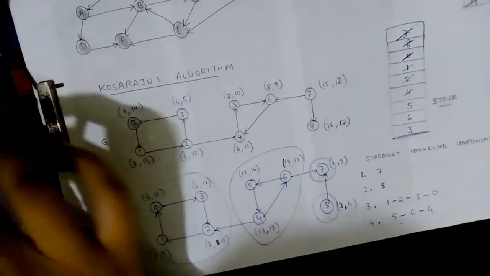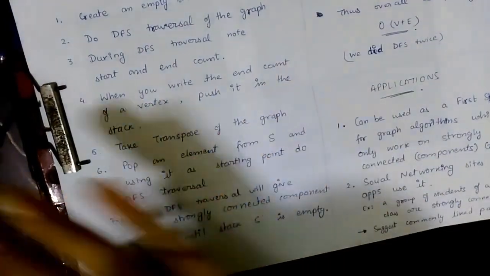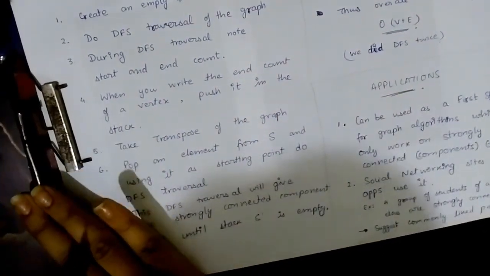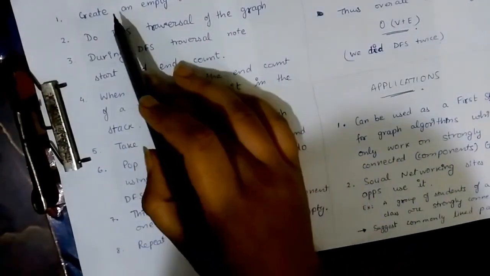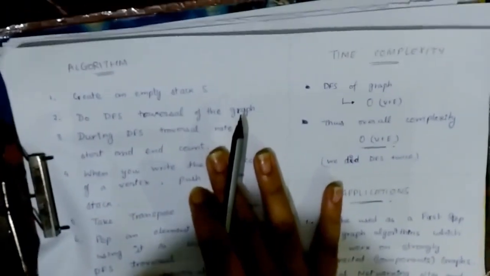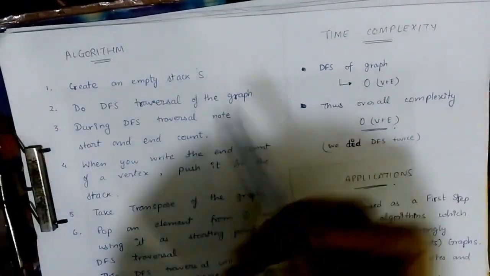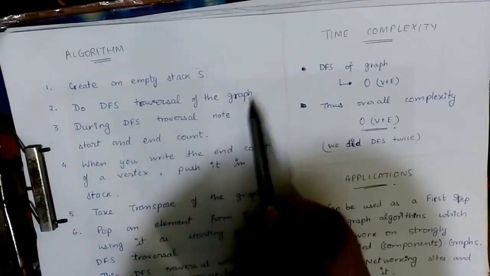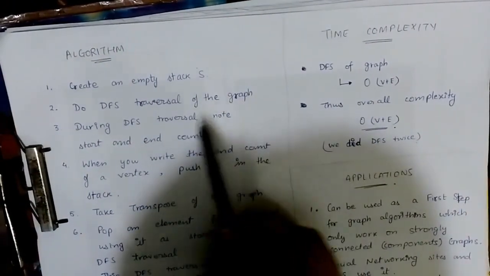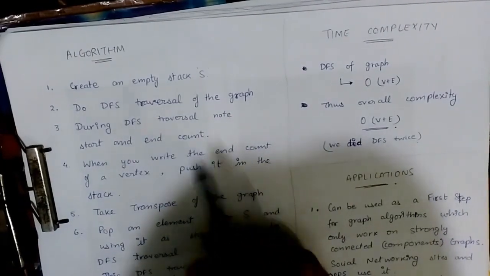Now stating the algorithm, I've written it down. You can pause the video and take a look at it. We created an empty stack S first. We did DFS traversal of the original graph. During the DFS traversal, we note down the start and end count.